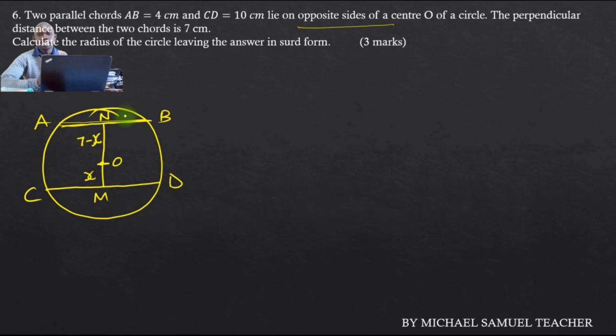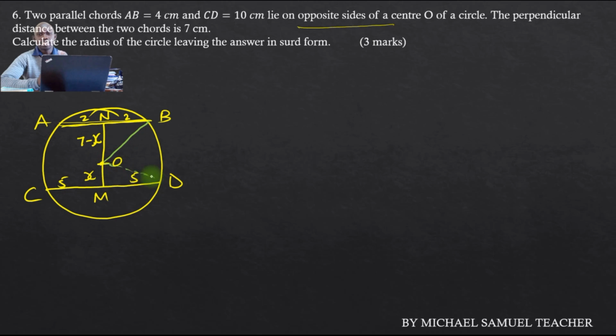And here we have 2, 2, 8 is 5, 5. Now, the question requires us to find the radius of the circle, and how shall we get the radius of the circle? Either through OB, or OA, or OC, or OD.